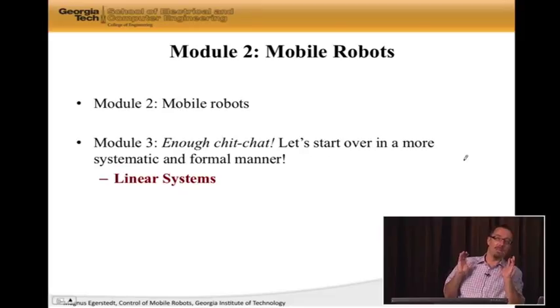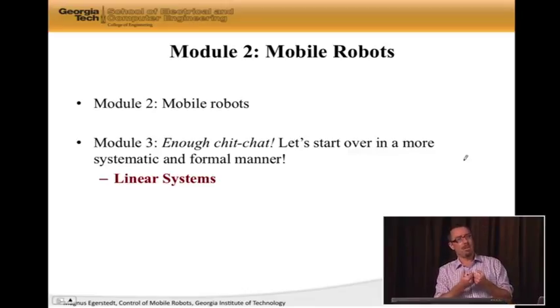Let's start this course in a more systematic and formal manner. We're going to return to module 1 in module 3, and then return to module 2, and see if we can do what we just did in a rather heuristic and ad hoc manner in a systematic and more formal way. The way to do it is to go to the wonderful abstraction that is linear systems theory. That is the focus of the next module.